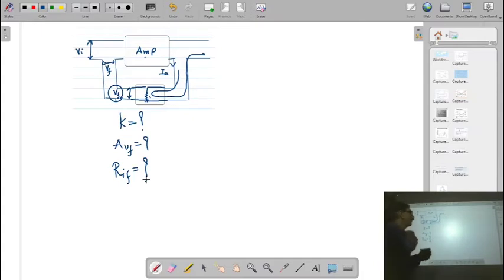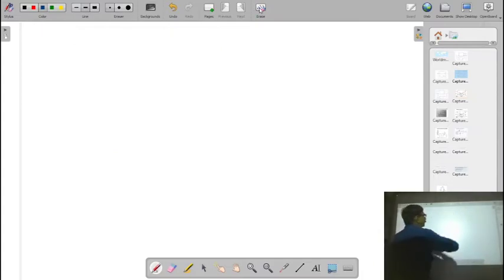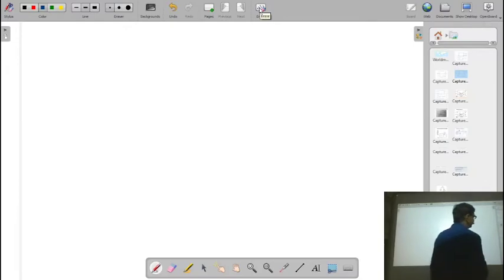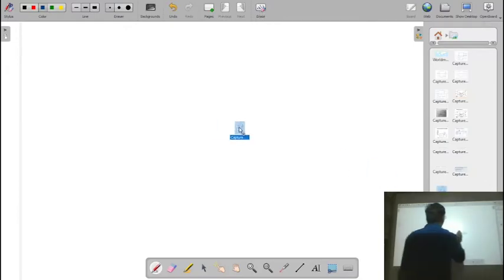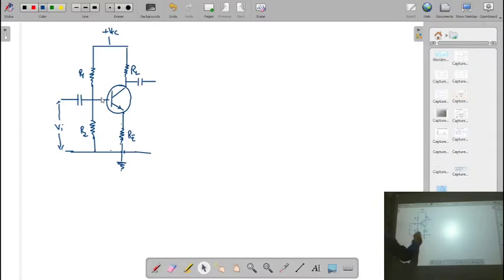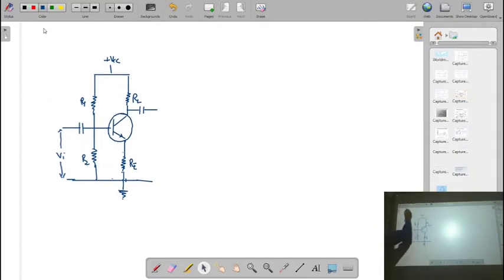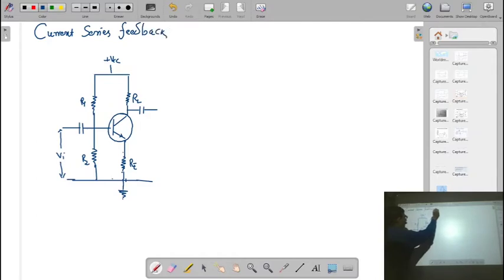Now let us see a practical circuit. Now look at this circuit diagram.